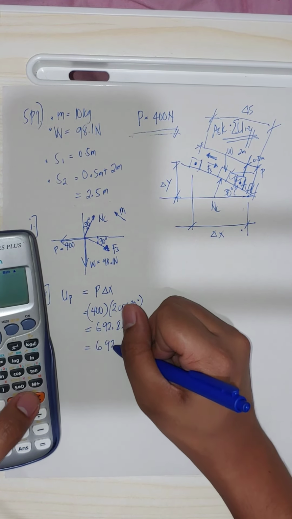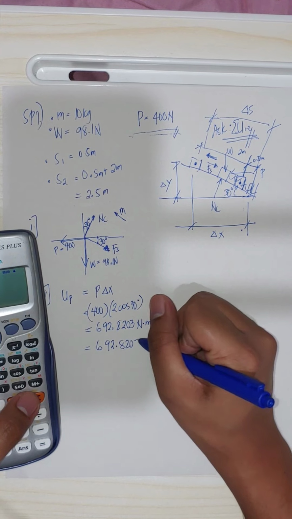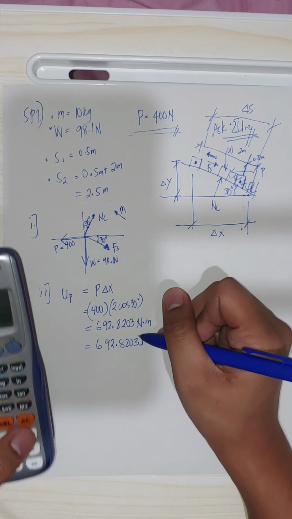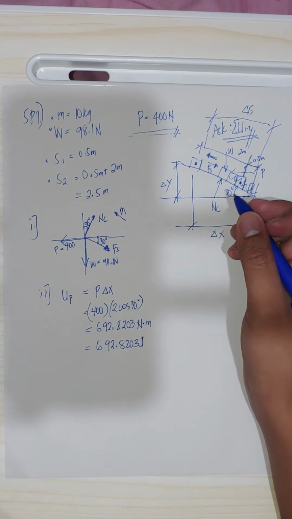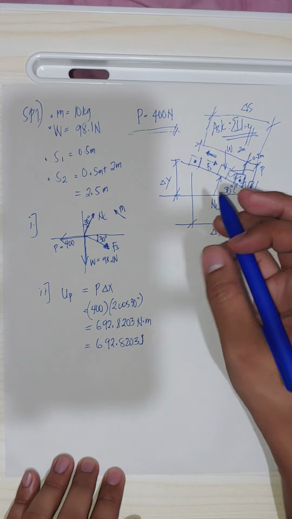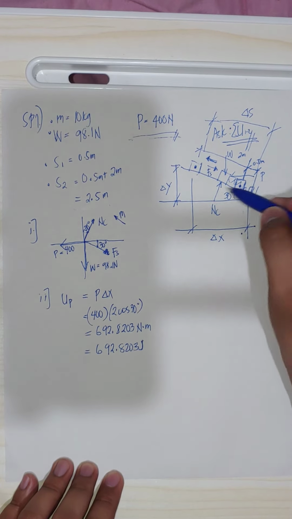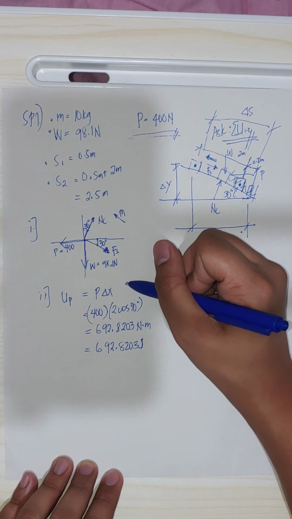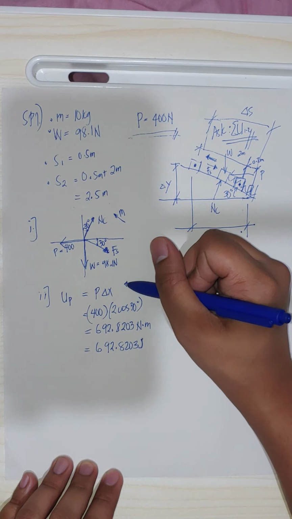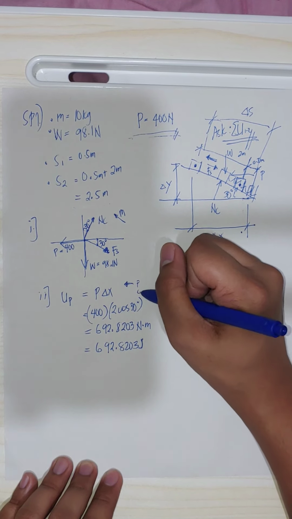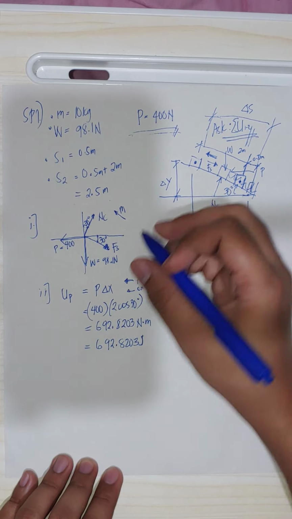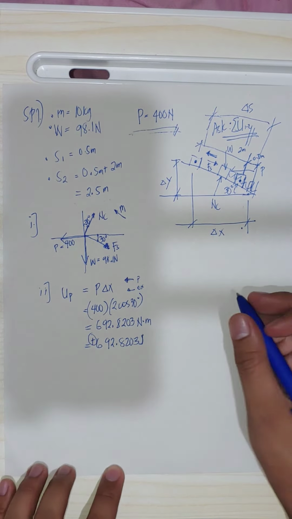So that is 692.8203 joules. Is this a positive or a negative work? Since the direction of force P is to the left, and the direction of displacement X is also to the left, therefore this is a positive work.